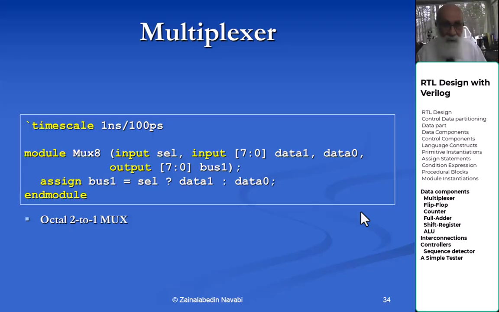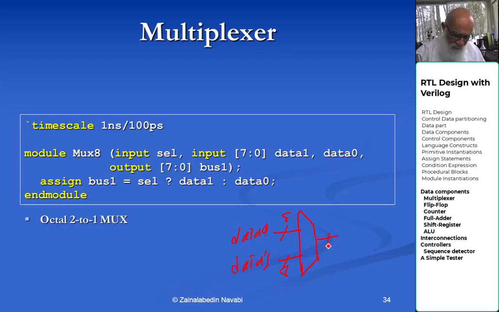This is an 8-bit multiplexer. The symbol for it is something like this. Let me perhaps draw it a little bit nicer. An 8-bit input, an 8-bit input. This is called data 0, data 1.